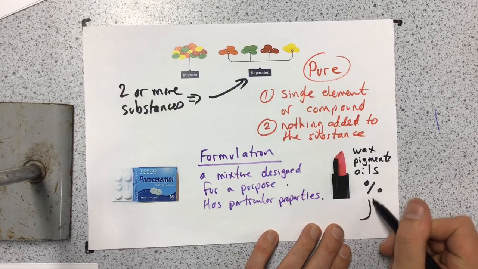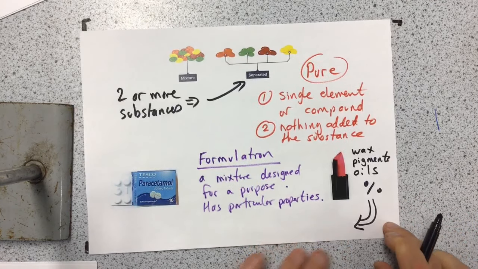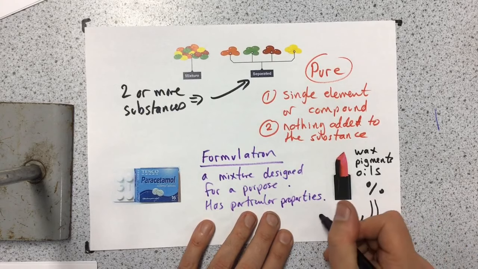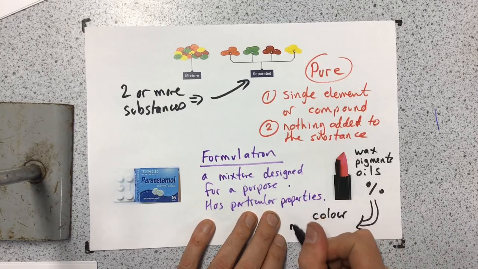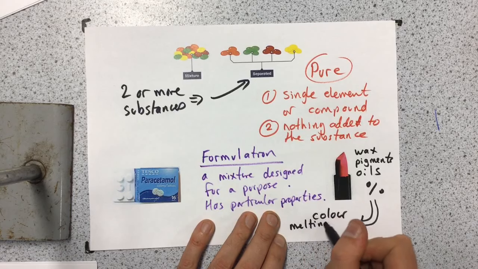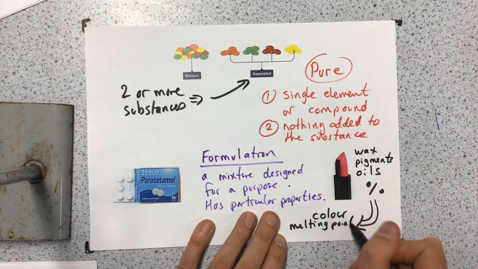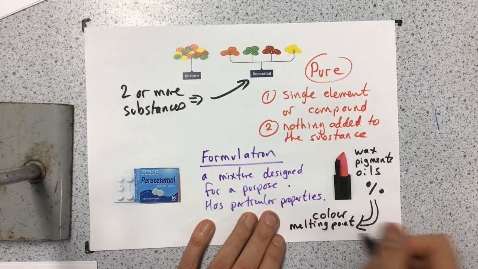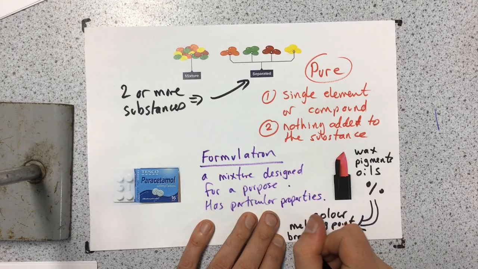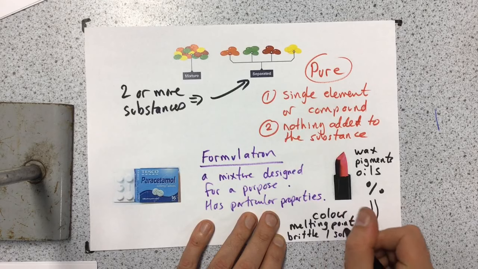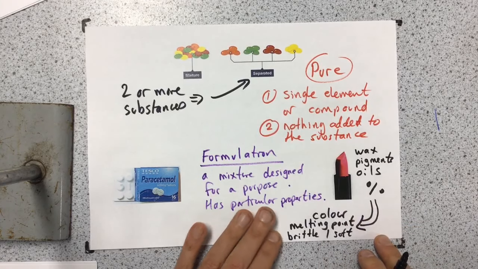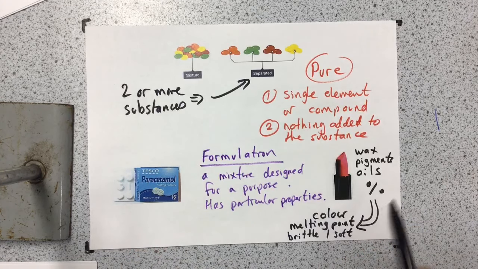The reason they are made in a particular way is because you need a particular colour, a particular melting point, and you don't want the lipstick to be too brittle or too soft. If you get the formulation wrong, so the wrong percentages, the lipstick will not behave in the way it is designed to.